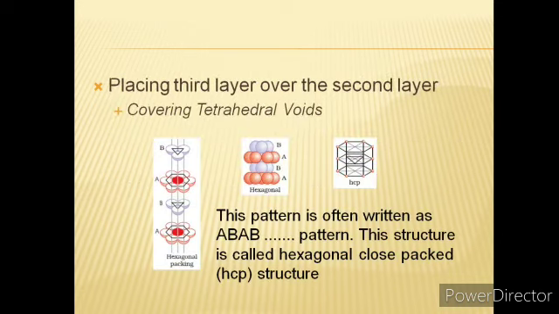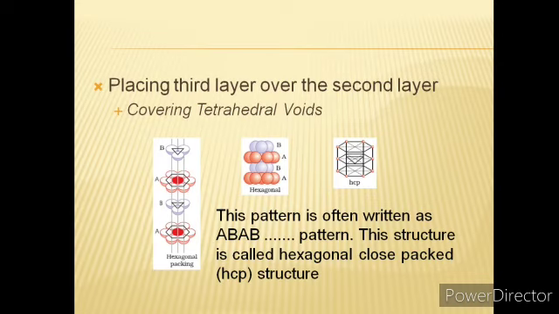Now if you try to place the third layer over the second layer, then again there are two ways. First is to place the third layer over the tetrahedral voids formed by the second layer.